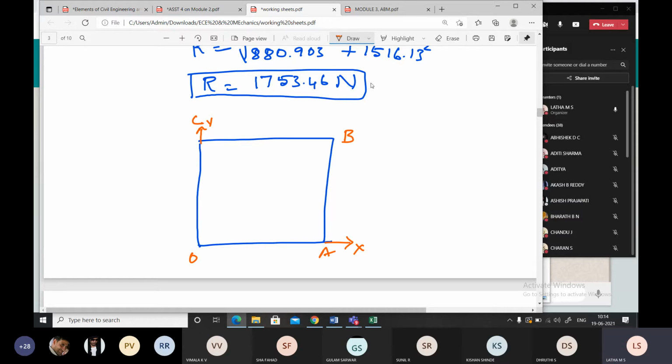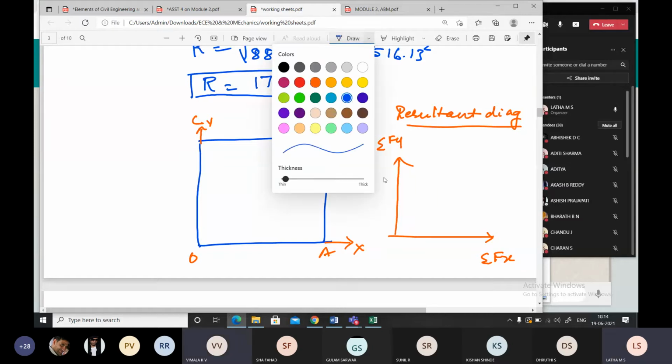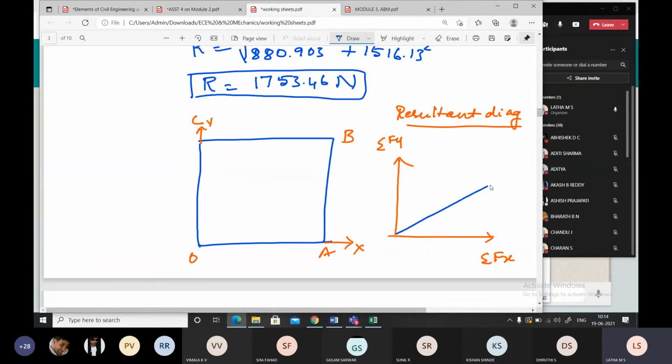Now after calculating the resultant, if you remember, I asked you to draw the resultant diagram. Yes, ma'am. Now draw the resultant diagram quickly. Sigma Fx is positive, sigma Fy is positive. Both values are positive, so which quadrant does it fall in?